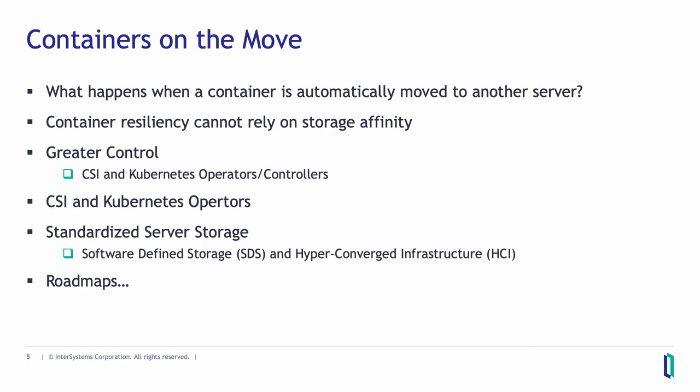Then when you consider containers on the move, as part of an HA strategy, you can consider what happens if containers automatically move from one server to another. A simple storage plugin or container volume typically bases its abstract storage system on the host system storage. What happens when a container is automatically moved from one server to another as part of a maintenance window or a downtime?